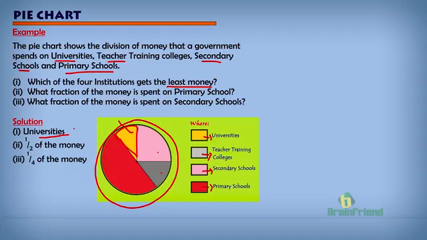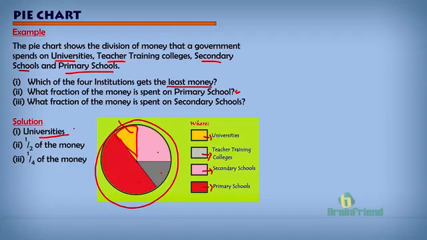All right? The second question says, what fraction of the money is spent on primary school? Now, the color that represents the primary school is the red color. If we take a look at our pie chart, we'll notice that our red sector here represents exactly half of the pie.